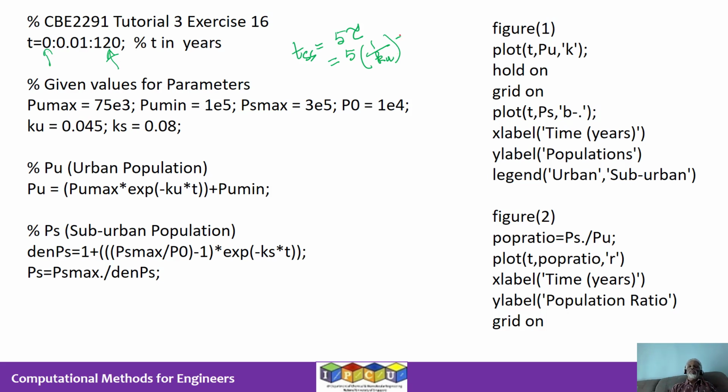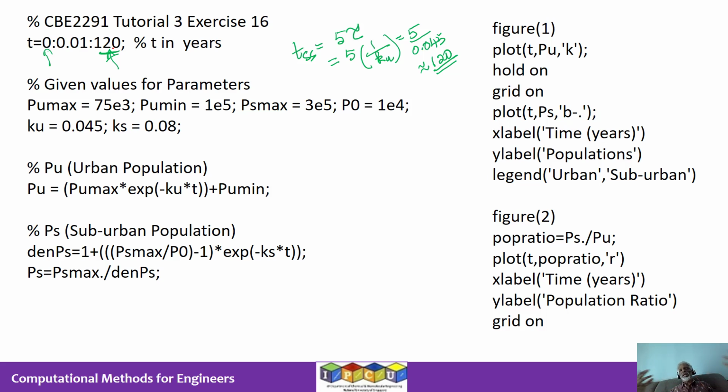So it is going to be 5 divided by 0.045. This is approximately 120, though not exactly 120. So it would make sense for me to plot the populations for 120 years.